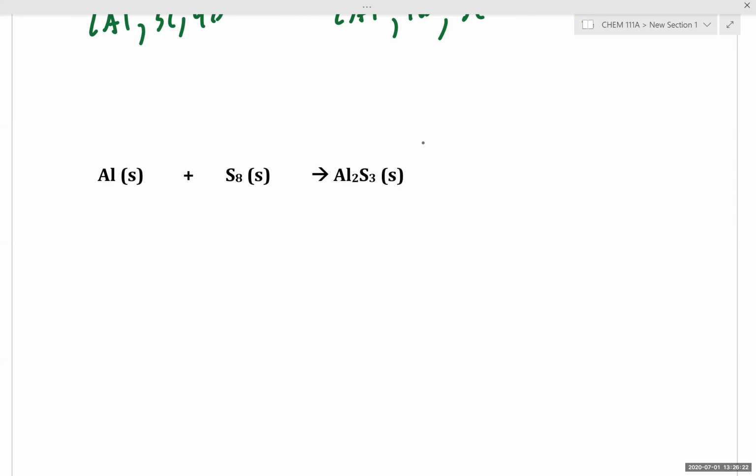So let's spend about another 2 to 3 minutes on this problem, and then we'll discuss together as a group.